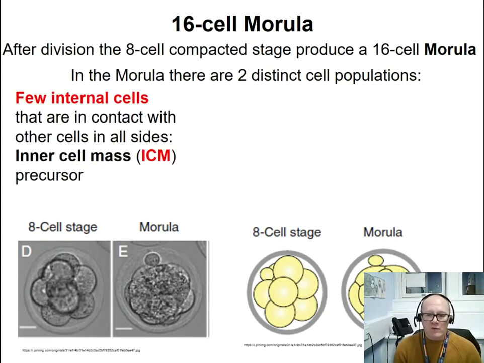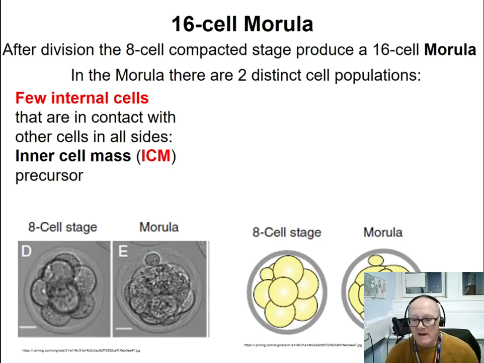One internal group of cells. You can identify the cells that are internal and not exposed to the surface. This internal group of cells is called the inner cell mass, or ICM.